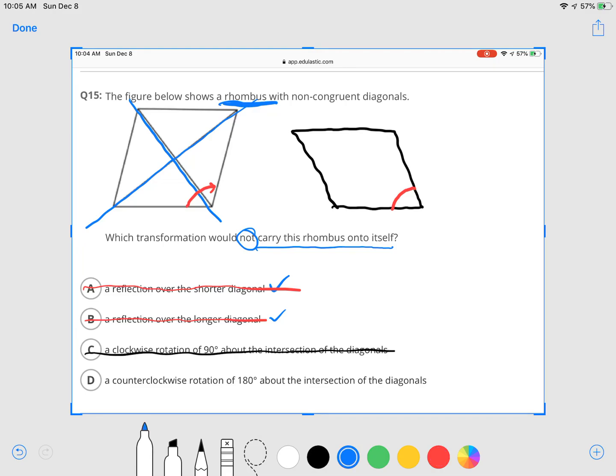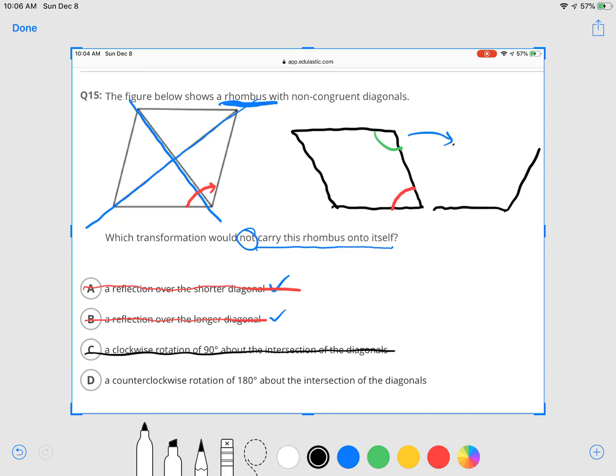Option D says a clockwise rotation of 180 degrees about the intersection of the diagonals. A 180 degree clockwise rotation would work. If you did this one more time, then this obtuse angle would be the one that ends up on the bottom right.